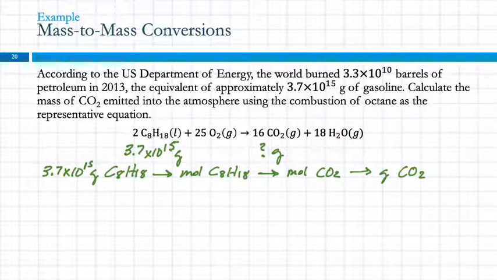In these problems, it's very important to put the chemical formula there because moles of C8H18 are not the same as moles of CO2. What we're doing here is we're changing one thing. Here I'm changing the unit from grams to moles, but I'm talking about the same compound. In the middle, I'm keeping the same unit, moles, but I'm changing the compound.